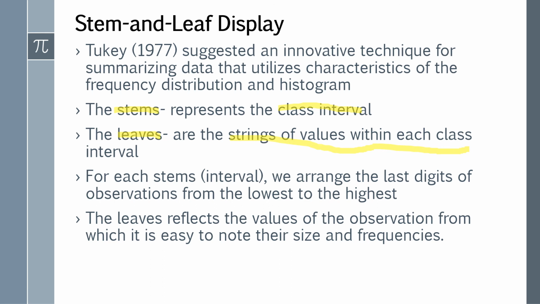So, for each stem, no, or for each interval, we arrange the last digits of observation from lowest to the highest, and the leaves reflect the values of observation from which it is easy to note their size and their frequencies. Okay?